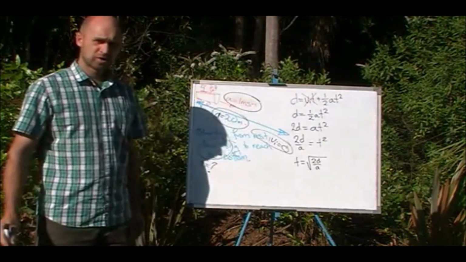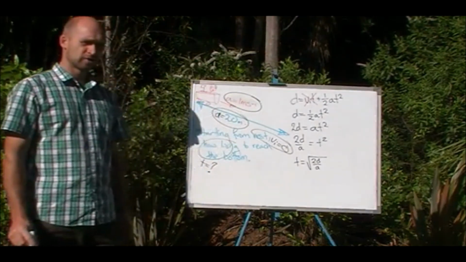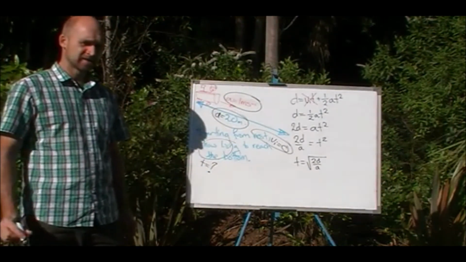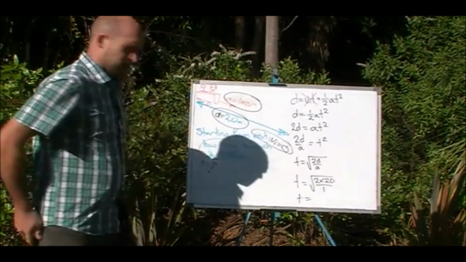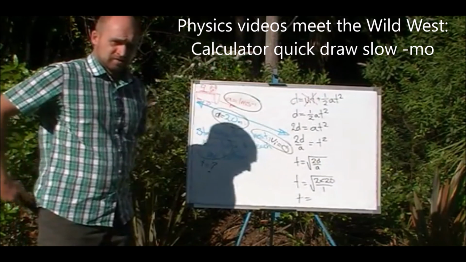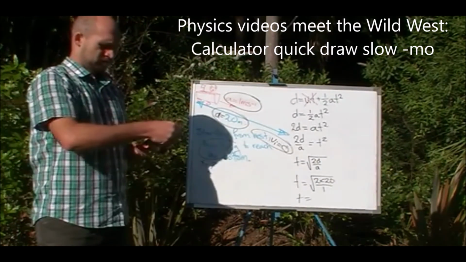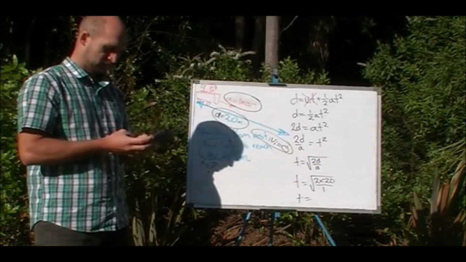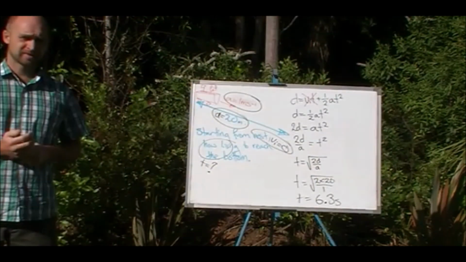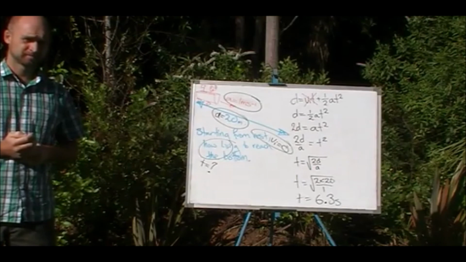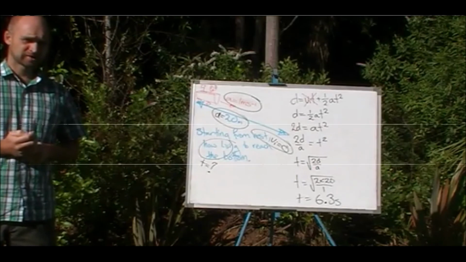So you should have got an equation of T equals square root of 2D over A. Plug some numbers in. Hopefully you got a time, 6.3 seconds. Let's get on to some practice, shall we?